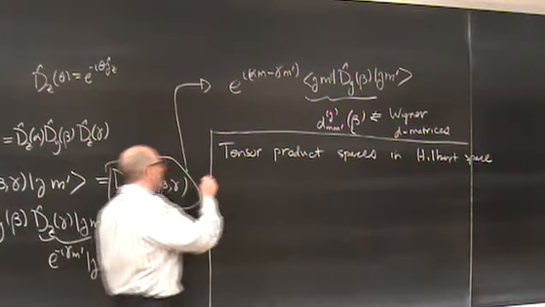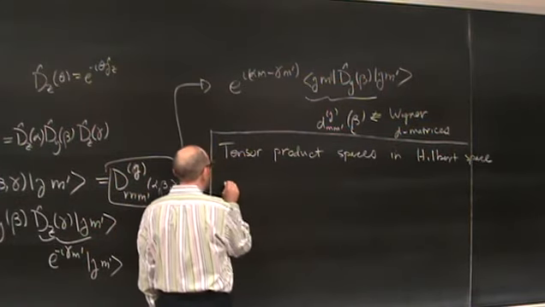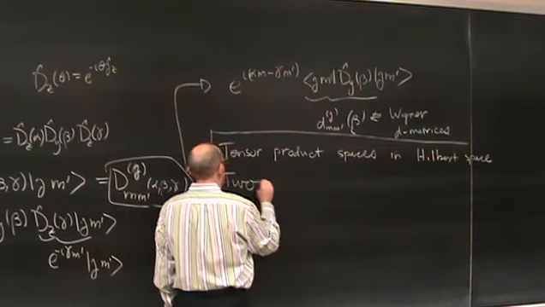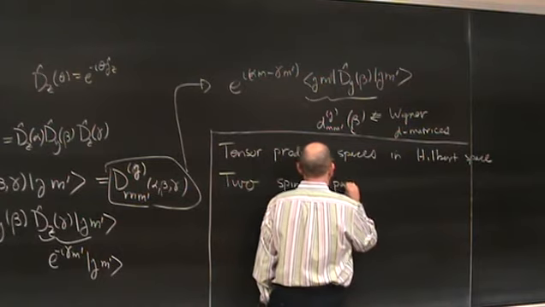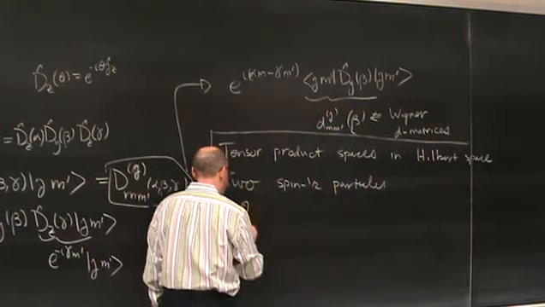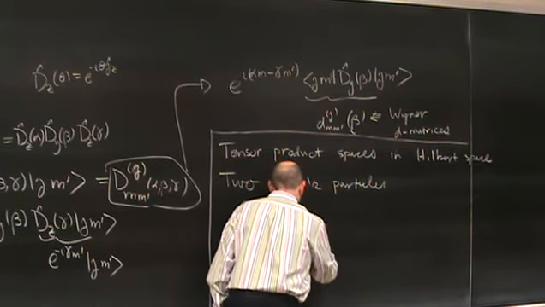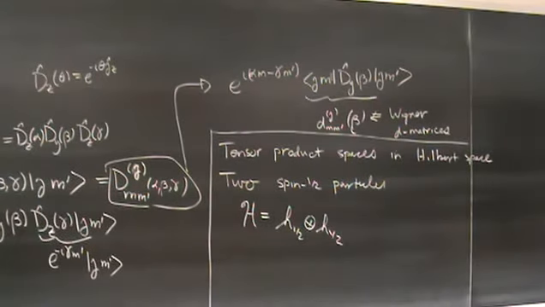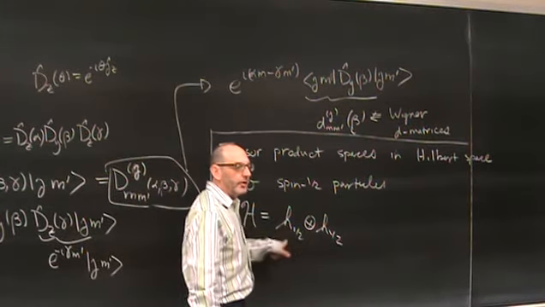What we had discussed last lecture, and let me just quickly review that, is we considered the case of two spin 1/2 particles. If we're looking at the spin degrees of freedom, then we said that the Hilbert space of that system could be written as the tensor product of the Hilbert spaces associated with each spin 1/2 particle. Each of these is a two-dimensional Hilbert space.